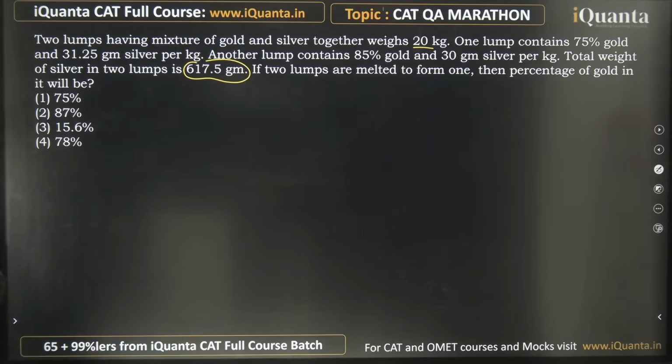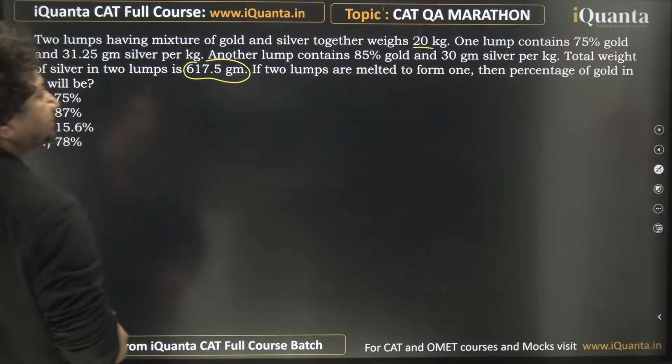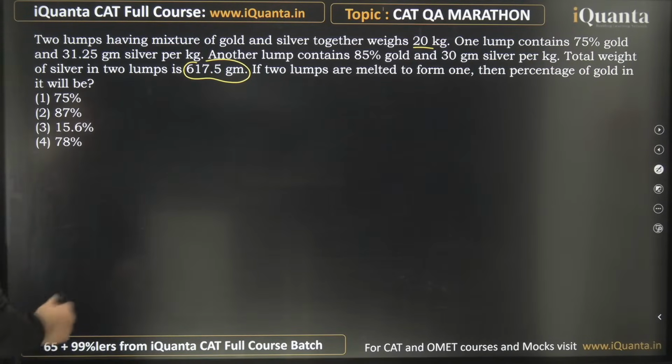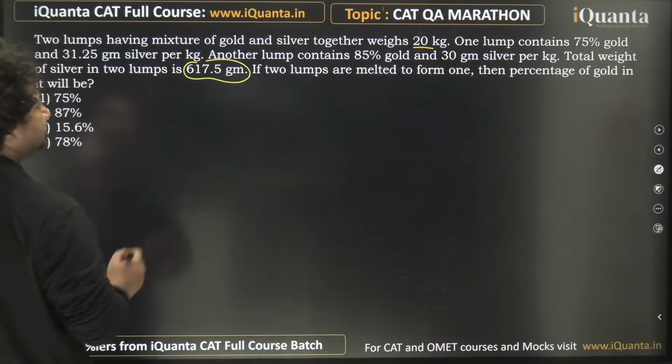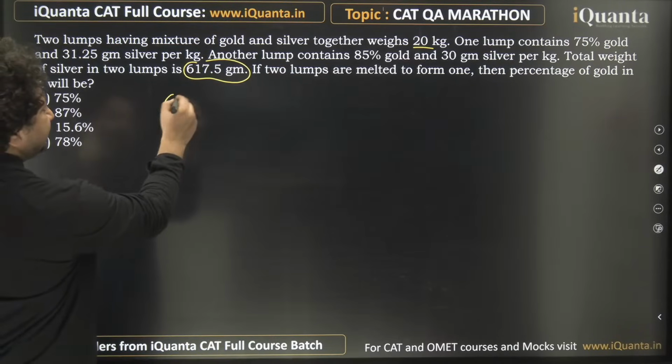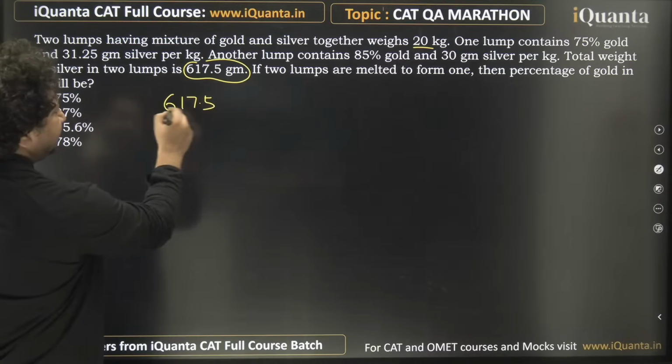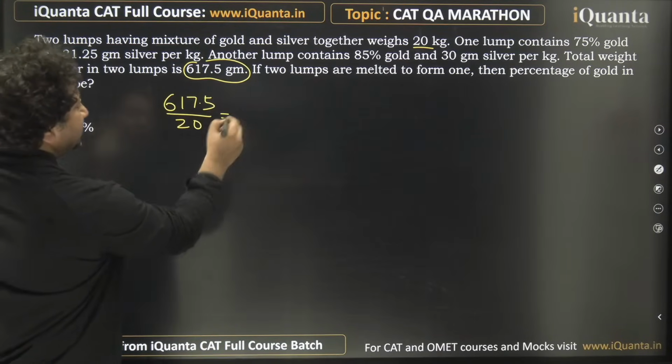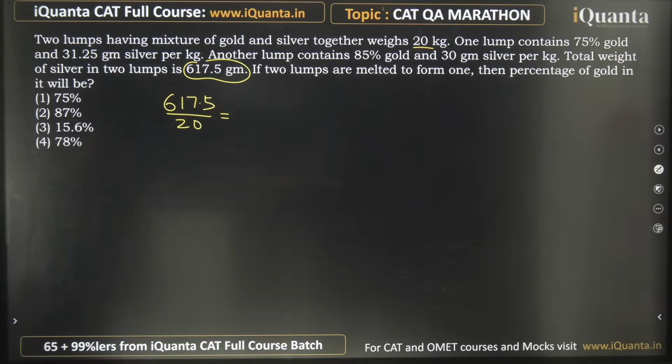So what can we do? Can we calculate silver per kilogram? That is possible. 617.5, if I divide this by 20, I'll get silver per kilogram.